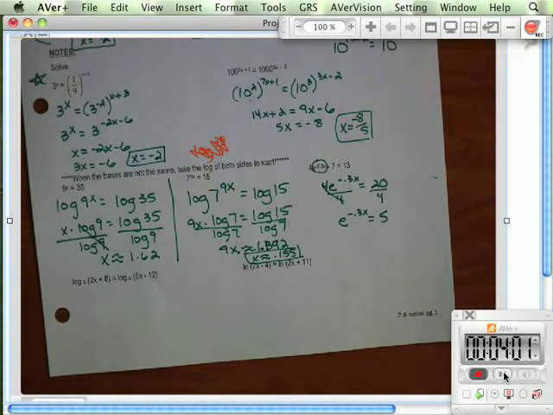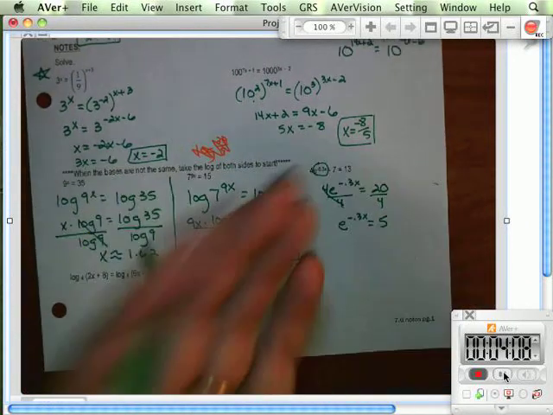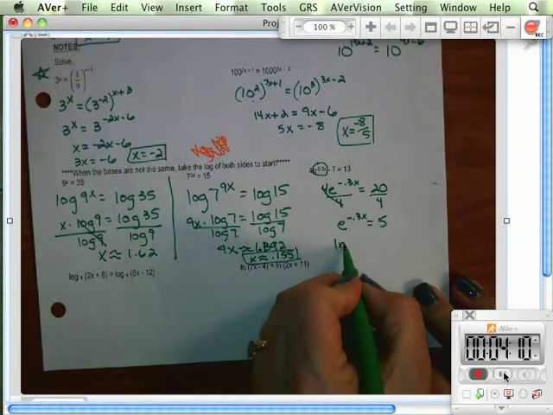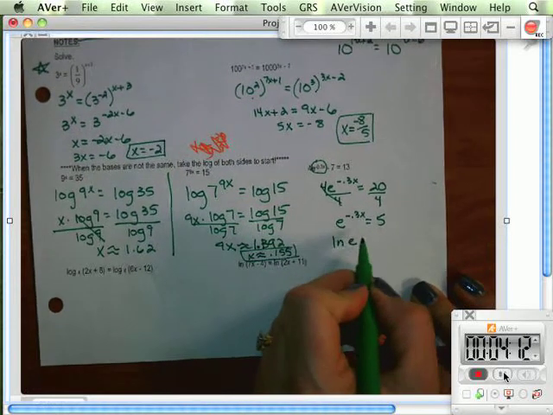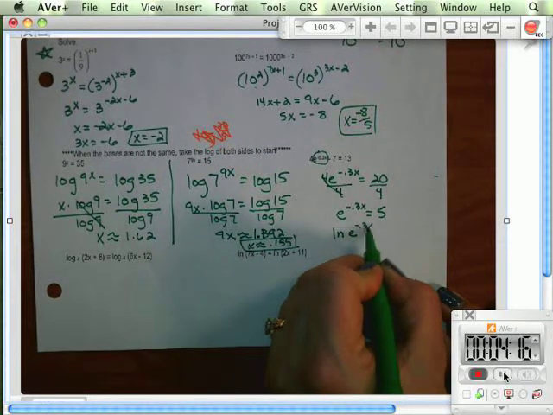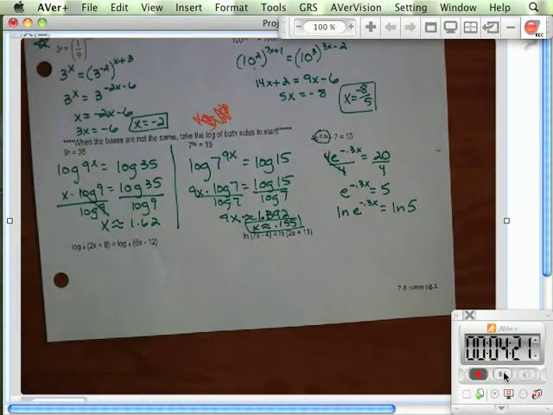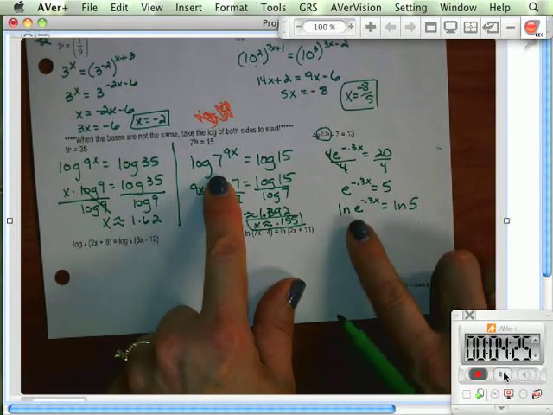Do I take the log of E or do I write it as what? ln. Now I'm going to do this step right here. Okay? I can do it. It's perfectly legal. Instead of log, I'm going to write ln because that's what I do when I'm working with E. So up here, this is where we're at, kind of at this step here.